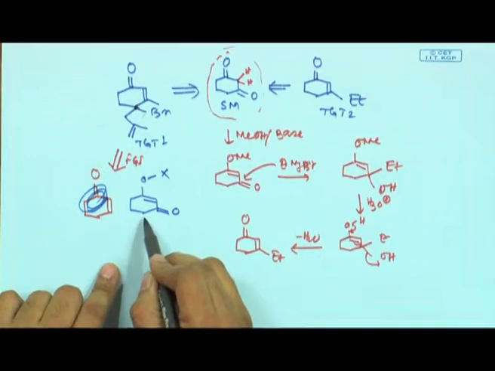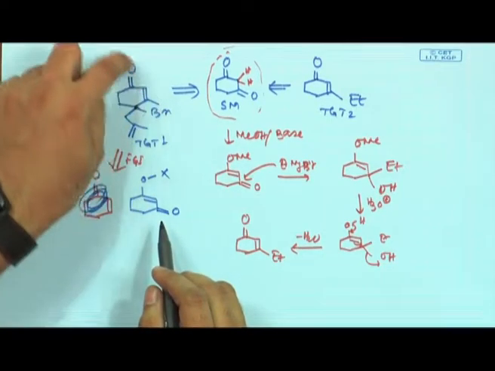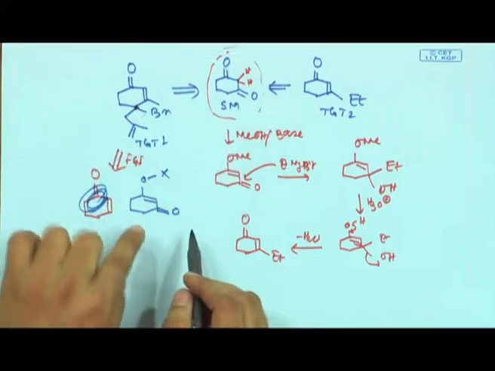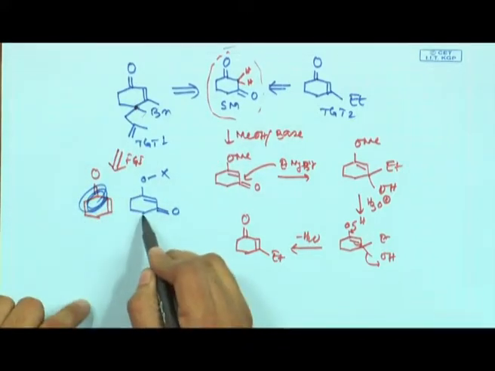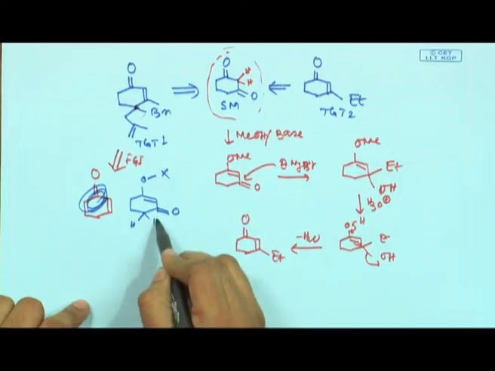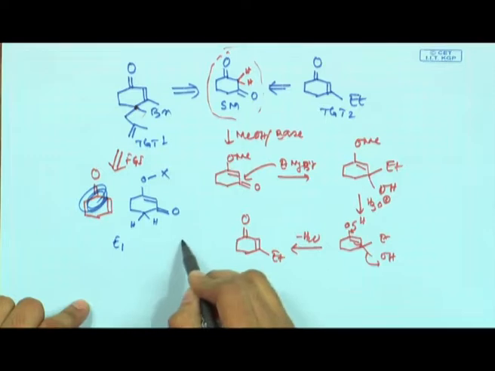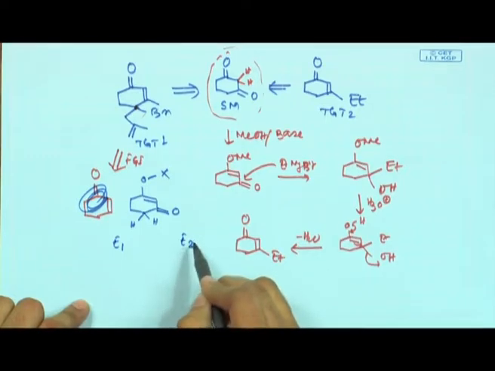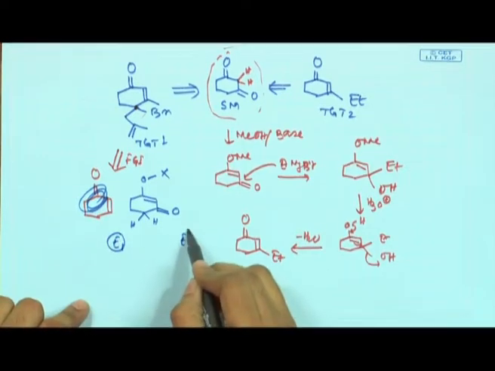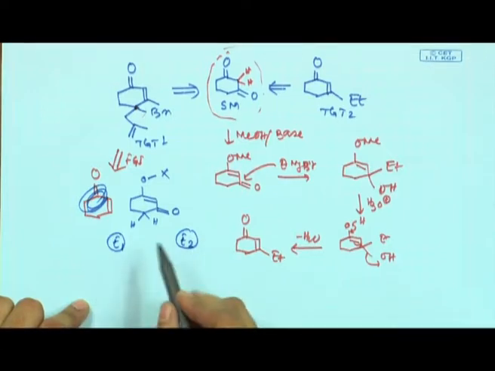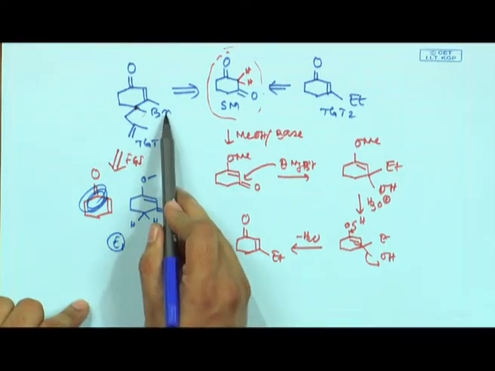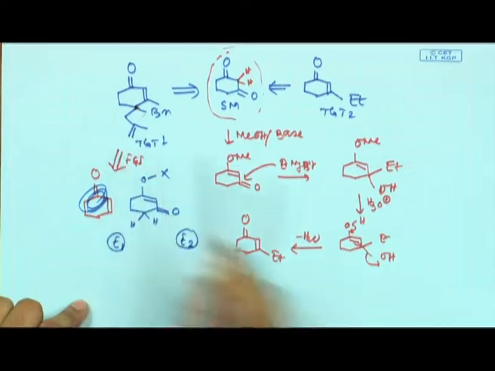Out of this 1,3-dicarbonyl compound, we have selectively manipulated one, and now we have an active methylene group. Here you want to put two electrophiles in a successive manner, E1 and E2. Now, what are E1 and E2? E1 will be this benzyl group and E2 will be this methyl group.